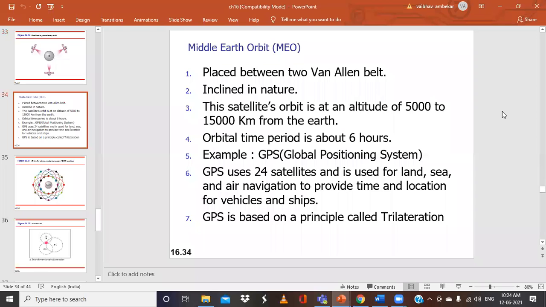Can somebody tell me what is the period? How much time it will take to rotate? I have given the next as a fill in the blanks. How much time it will take to rotate around the Earth, or about its orbit? Around the Earth. Complete trip around the Earth.